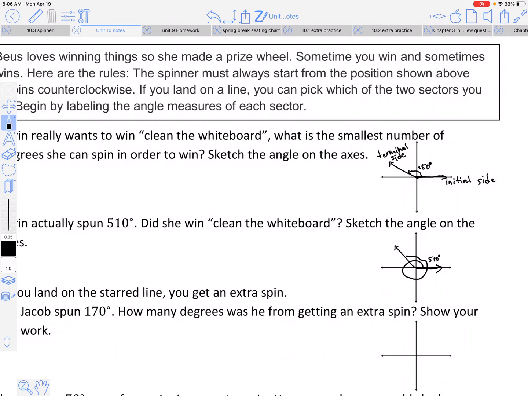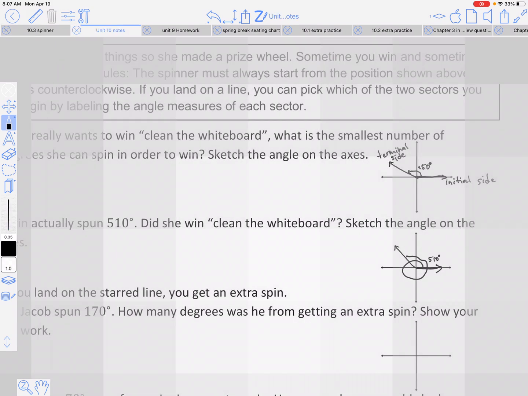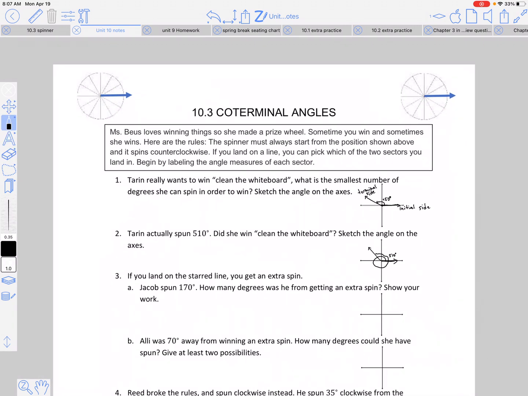So if you looked at the spinner, we did end up landing right on the exact same spot, right? So if you remember 150 degrees, 1, 2, 3, 4, 5, 5 times 30 is 150, 510, we're on the exact same spot. 1 and 2 are called coterminal angles, right? One is definitely bigger. It spun around more times.